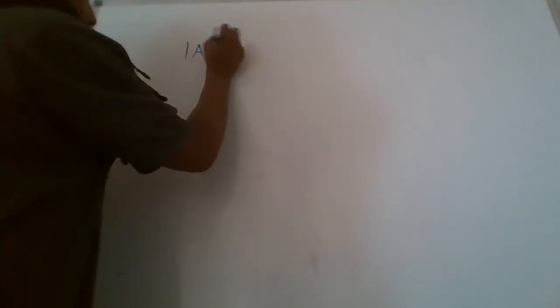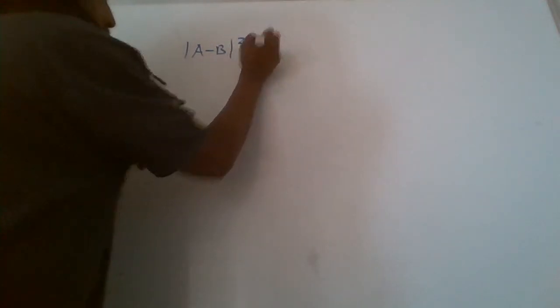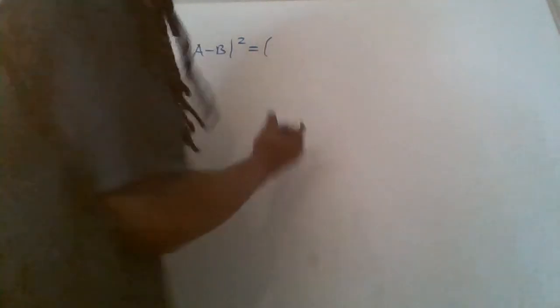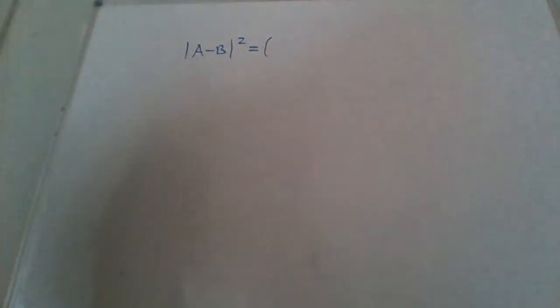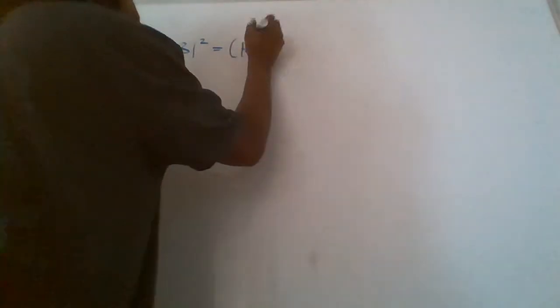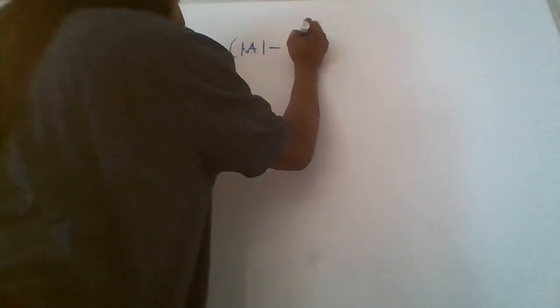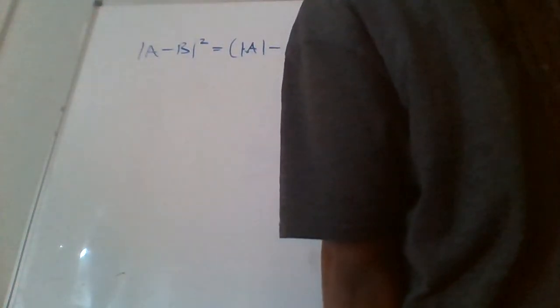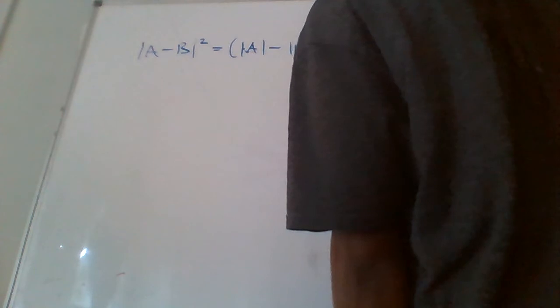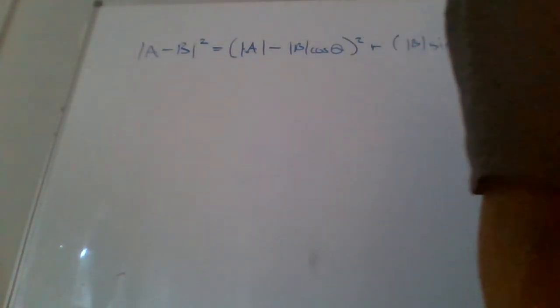So we have A minus B squared is equal to the magnitude of A minus the magnitude of B cosine theta, squared, plus the magnitude of B sine theta, squared.